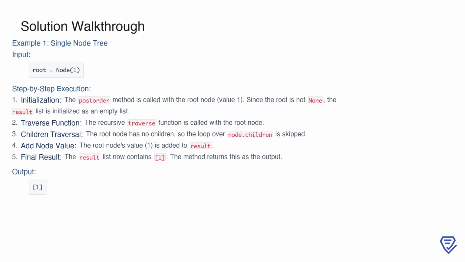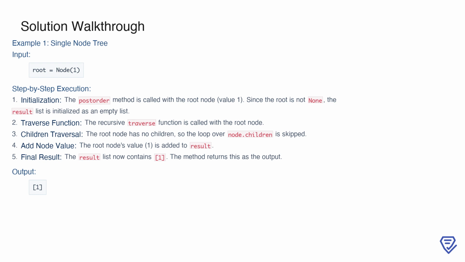In this example, we start with the simplest possible case, a single node tree where the root node has a value of 1 and no children. When the postorder method is called, it first checks if the root is null. Since it's not, we initialize an empty list called result to store the traversal output. Next, the traverse function is invoked with the root node.